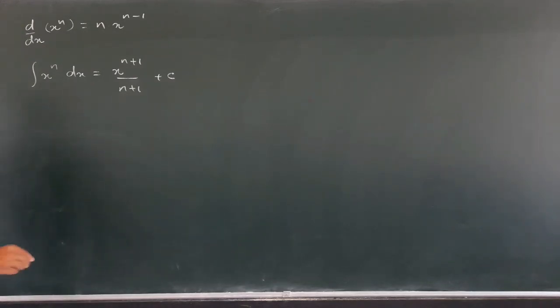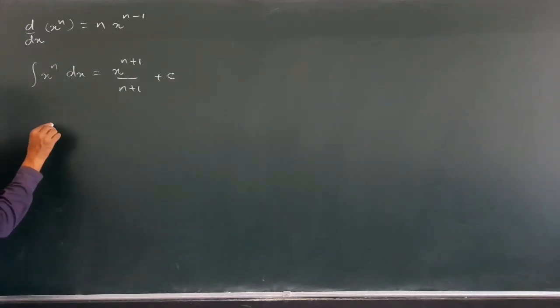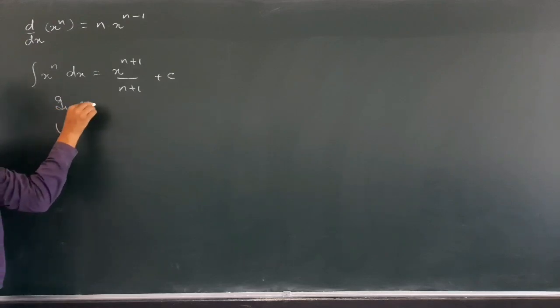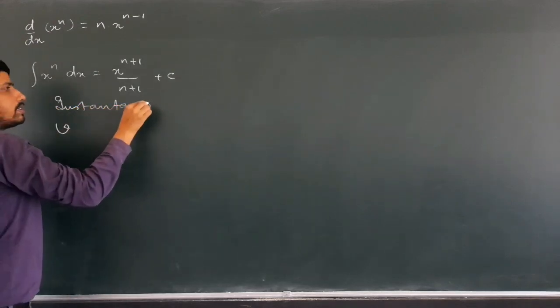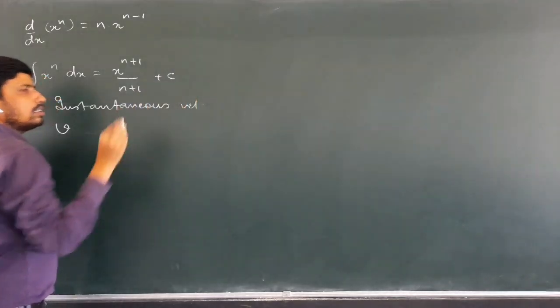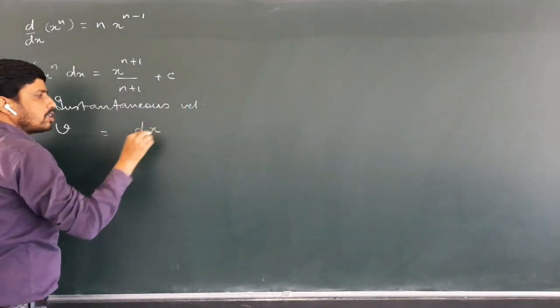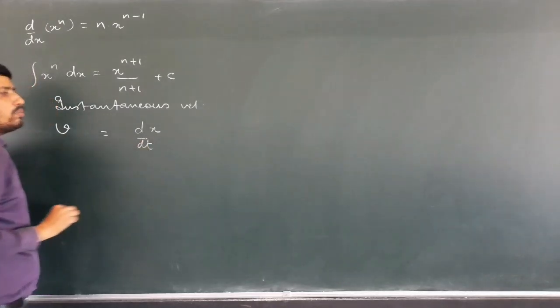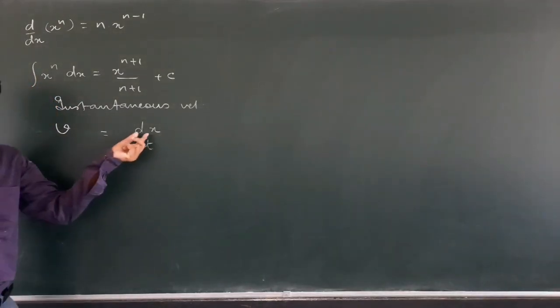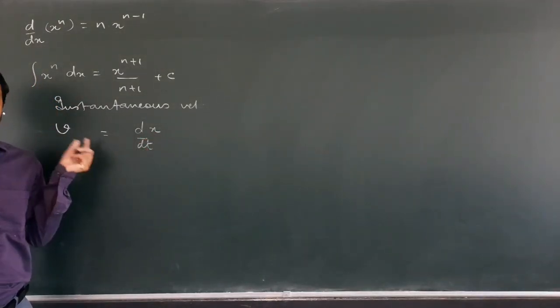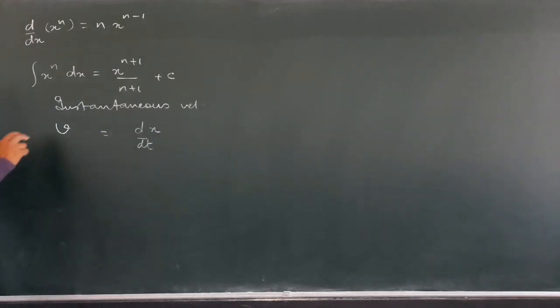Now in the context of physics, last class students I discussed that instantaneous velocity v is given as the time rate of change of position, so d by dt of x. So the derivative of position with respect to time is speed, velocity.